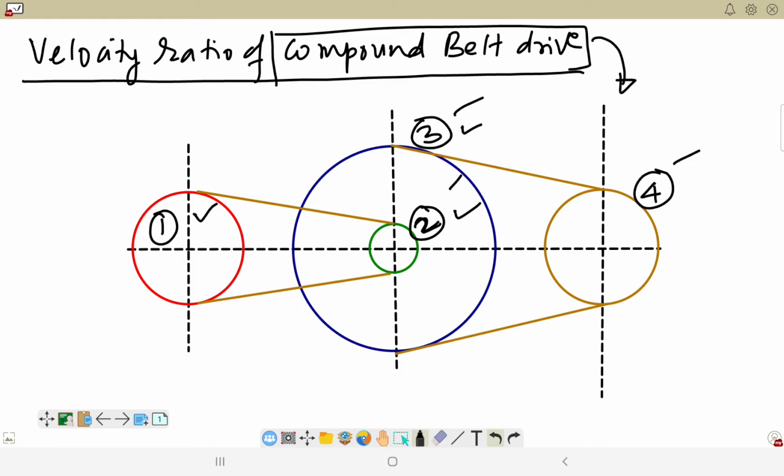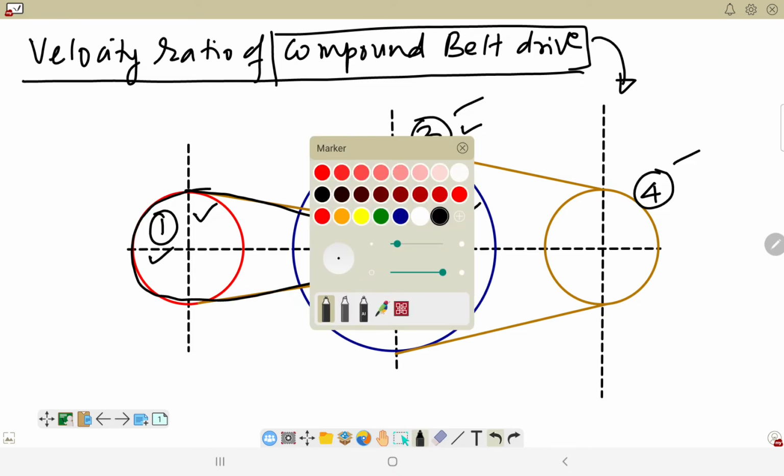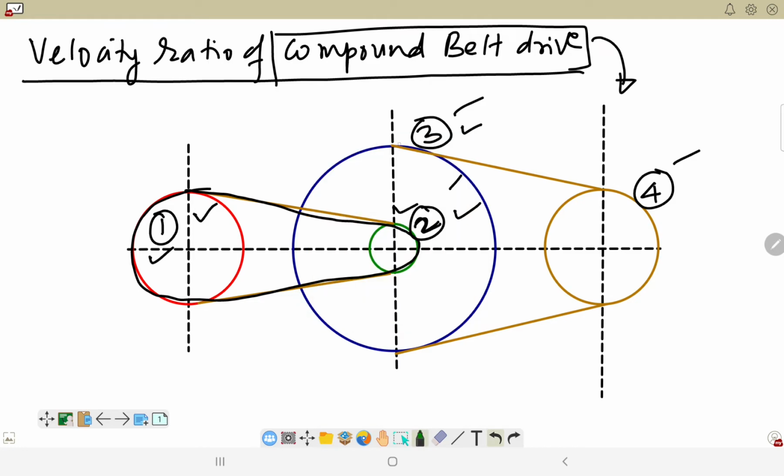In this picture also, the connection between pulley number 1 and pulley number 2 is a simple belt drive, and another simple belt drive is here. There are 2 belt drives. The first belt drive is between pulley number 1 and pulley number 2, and the second belt drive is between pulley number 3 and pulley number 4.